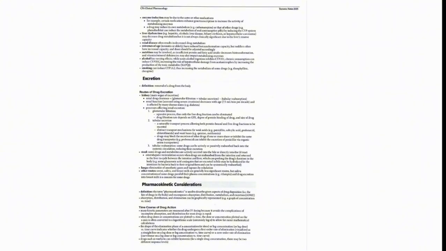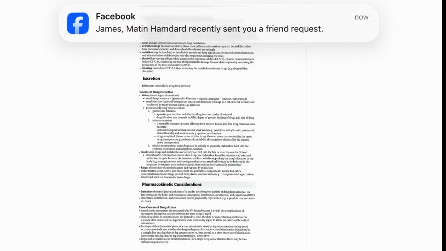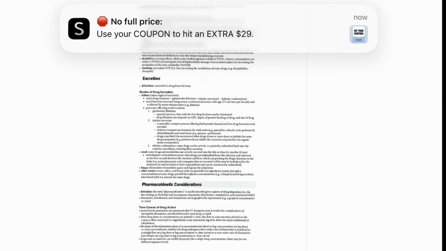Tubular secretion. Tubular secretion is an active transport process. Unlike filtration, both free drug and protein-bound drugs can ultimately be secreted because bound drugs dissociate as the free drug is removed. Different transporters exist for weak acids. Examples include penicillin, salicylic acid, probenecid, and chlorothiazide.